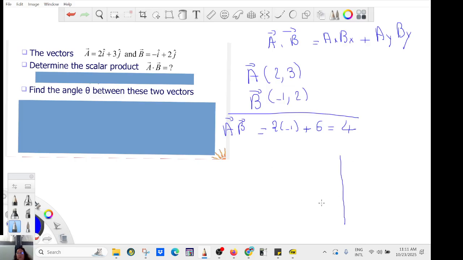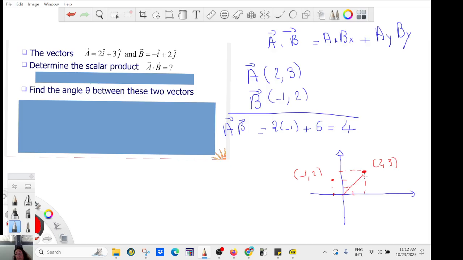You can even do it geometrically. I mean, you can see what that is. 2 and 3, and the other one is minus 1, 2.